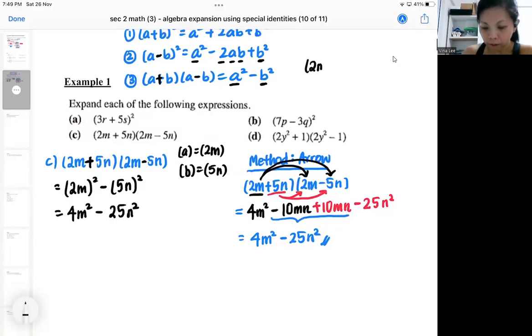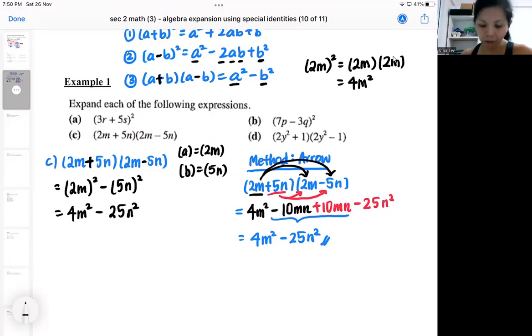So again, the meaning of bracket 2m with a square means 2m times 2m. That's how we get the 4m squared. So if you do it without the bracket, most probably your answer will be wrong. So people who do it without the bracket, they will get 2m squared instead of 4m squared.